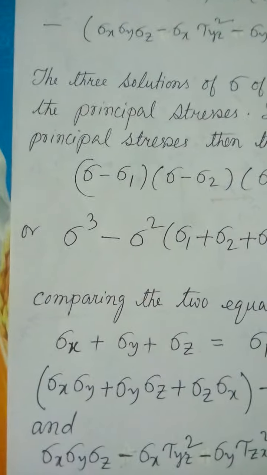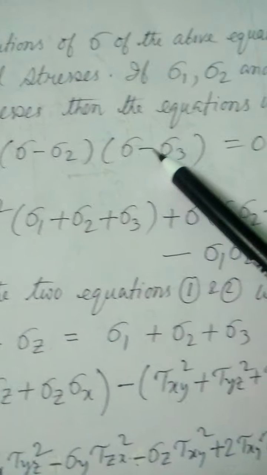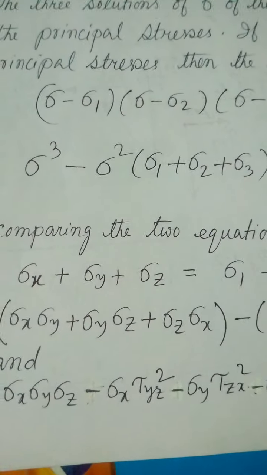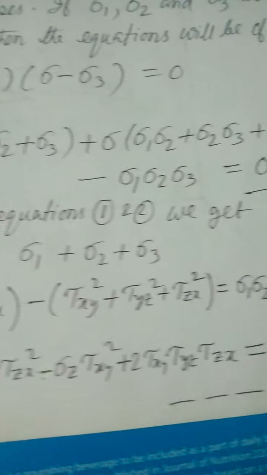Now let us express this in this form, because sigma is equal to sigma 1, sigma is equal to sigma 2, sigma is equal to sigma 3. We will get this one.